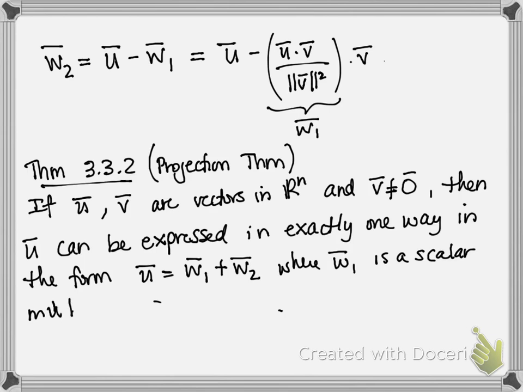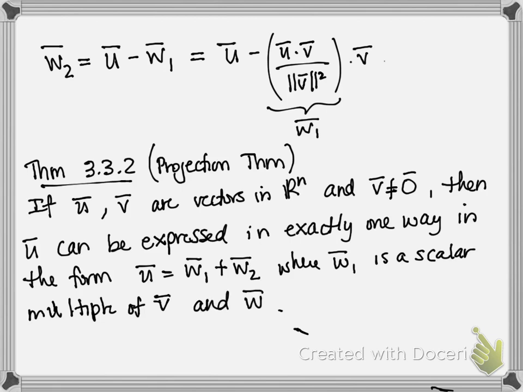Okay, so W1 is a scalar multiple of V. That's exactly the parallel part, right? We know that vectors are parallel if one is a scalar multiple of the other. So this is the parallel part.